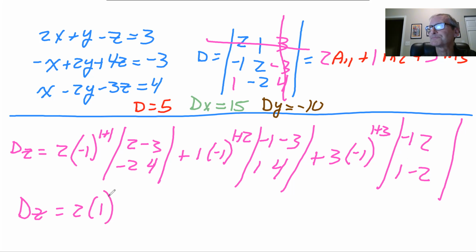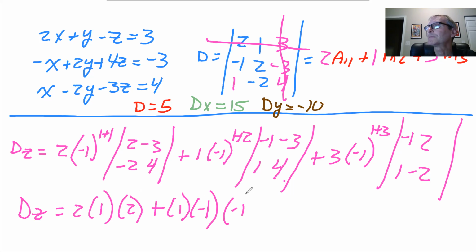And when you do this determinant, it'd be 8 minus 6, and so that would be 2. And then this would be +1 and -1. And when you do this determinant, it would be -4 plus 3. So that would be -1.